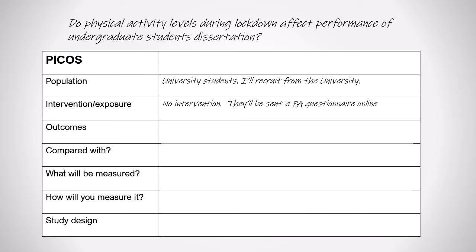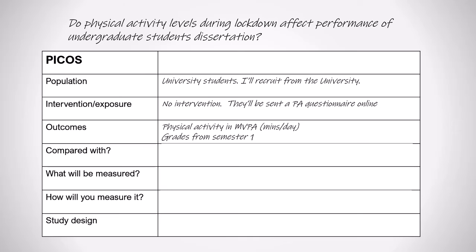Nice and easy thing to do there. In terms of, well, there's no intervention, but the exposure we're interested in is physical activity. So, due to the unprecedented conditions at the moment, you can send them a physical activity questionnaire digitally, email it out, so they're not touching anything, contaminating anything, and then they could send it back.